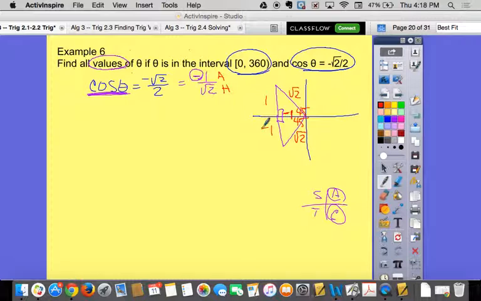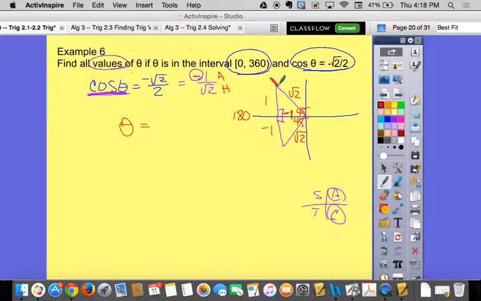What you're after, see it says find all values of theta. You want the angles where this is true. And there's 2 angles where this happens. There's the angle in the 2nd quadrant, and there's the angle in the 3rd quadrant. So, you got to tell me both. Remember, this is 180, right? So, you've got to take 45 from 180 to get the 2nd quadrant number.